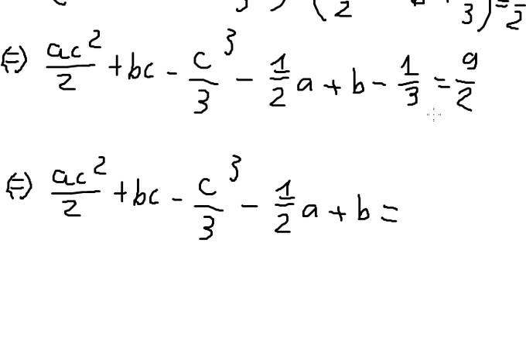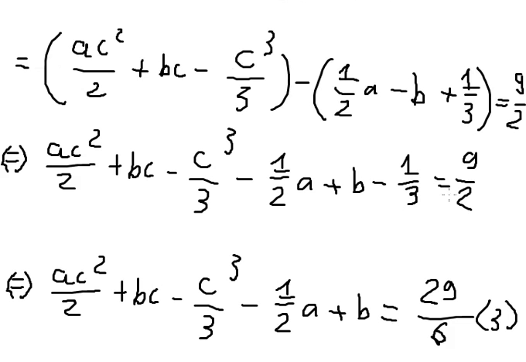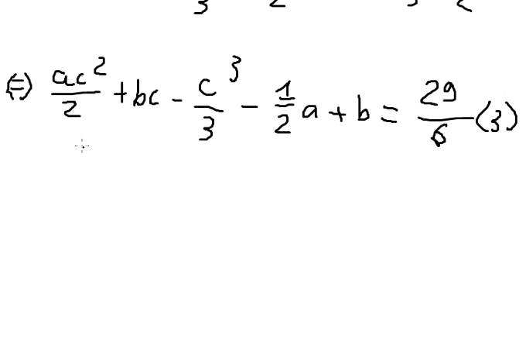And we have 9 over 2 plus 1 over 3. We have 29 over 6. So we have this equation number 3. So we have equations 1, 2, 3, and we have 3 variables. We can find the values.